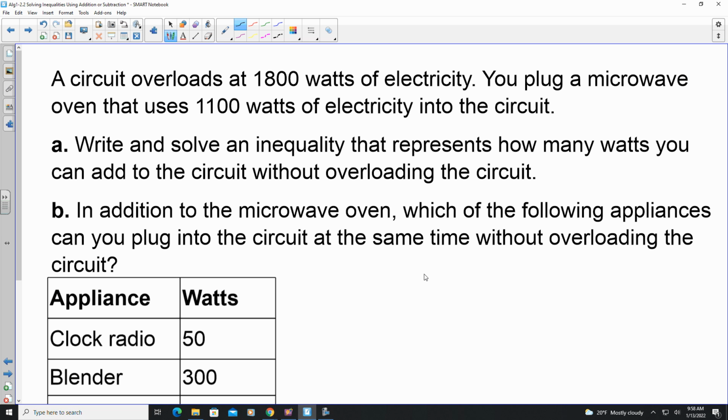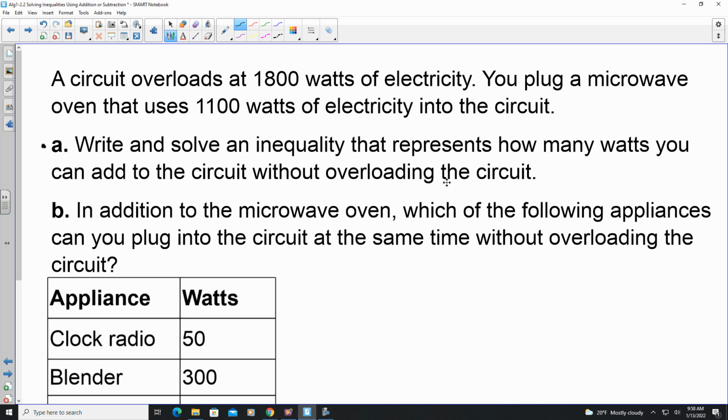It says that a circuit overloads at 1800 watts of electricity. You plug a microwave oven that uses 1100 watts of electricity into the circuit. The first part says write and solve an inequality that represents how many watts you can add to the circuit without overloading the circuit.